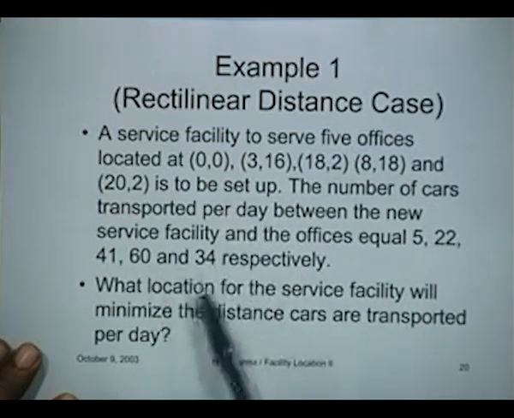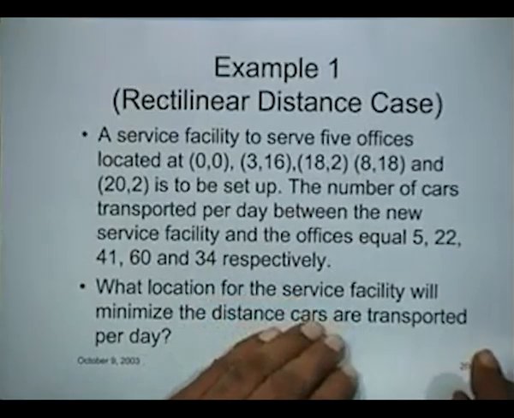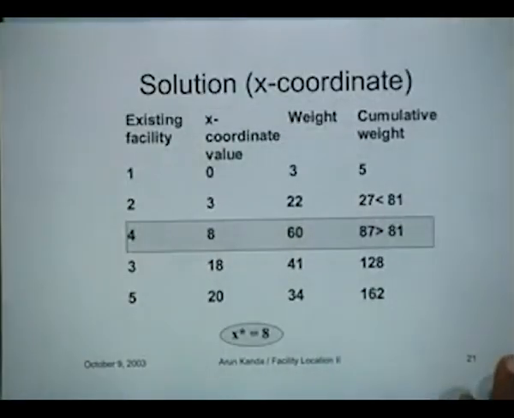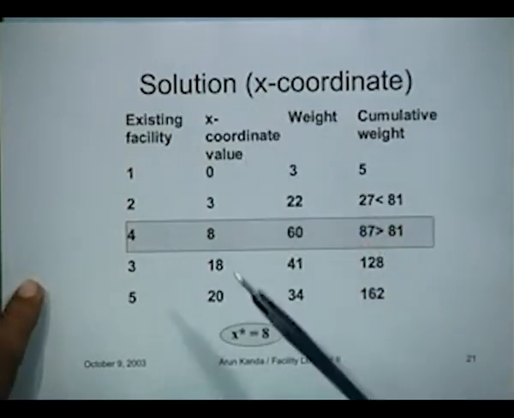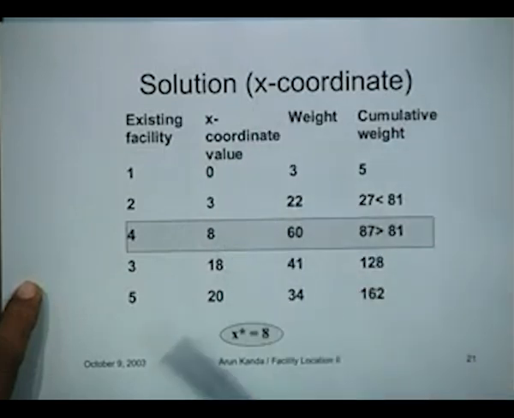Where should your service facility be? This is the problem, and we are assuming that the distances involved are rectilinear to begin with. So as I indicated, we can determine the x coordinate and the y coordinate independently, and the x coordinate is nothing but a median location.